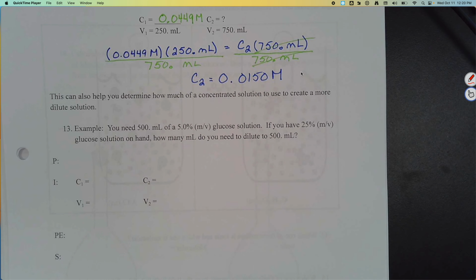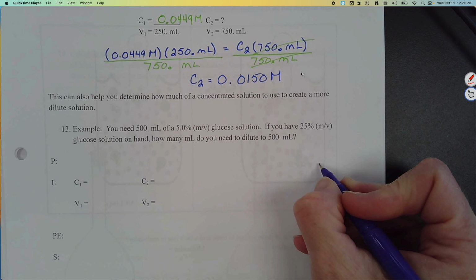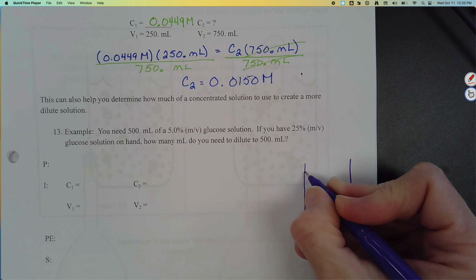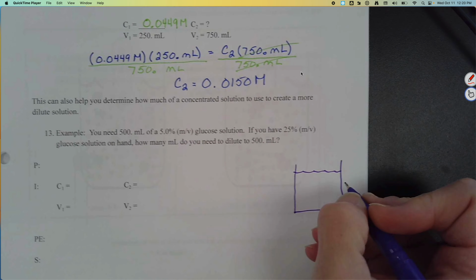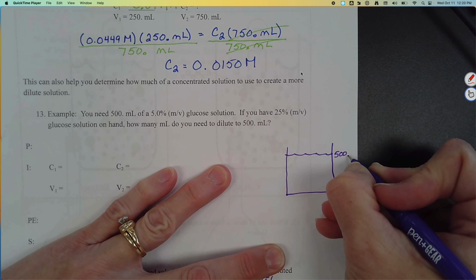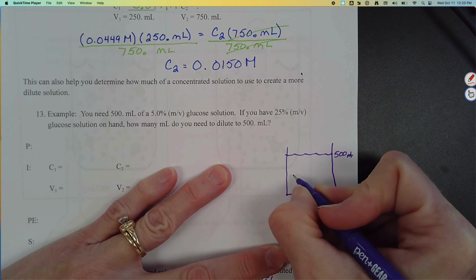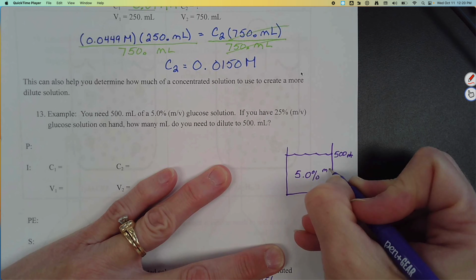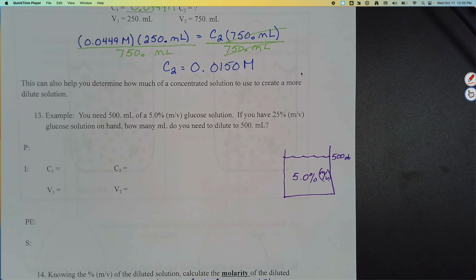And sometimes people find it kind of useful to draw a picture of what's got to happen here in the end. I think people get lost in the words. So let's draw a picture of what needs to happen here. So I need to end up with 500 milliliters of a 5% mass volume solution of glucose.